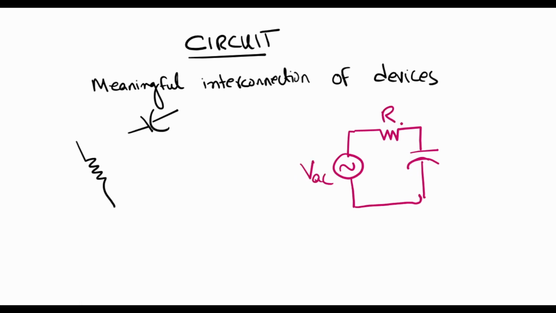So this is a resistor, this is a capacitor, and if I supply my input here, V in, and if I take my output from here, V naught, then this is a circuit of an RC filter. So this is a circuit because it is a meaningful interconnection of devices in order to achieve a certain goal, which is filtering. So this is an electrical circuit.